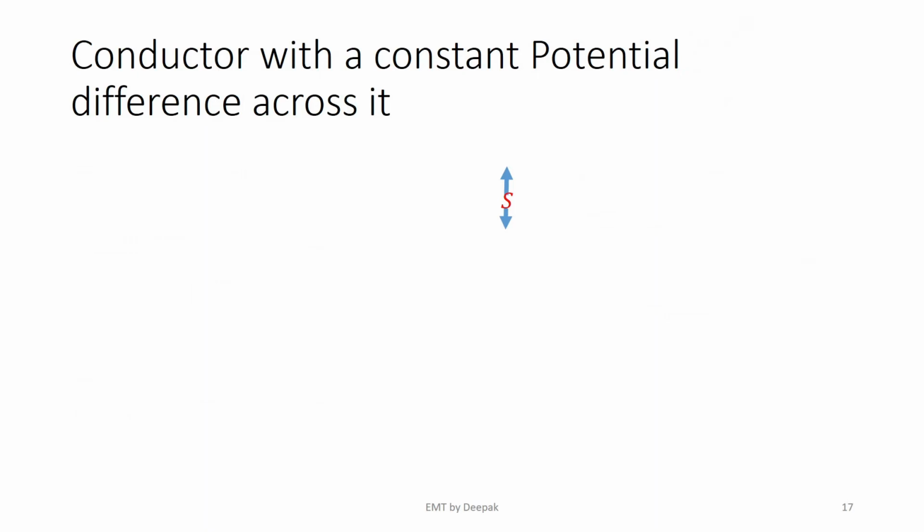Now, what would happen when a conductor is supplied with a constant potential difference across it?